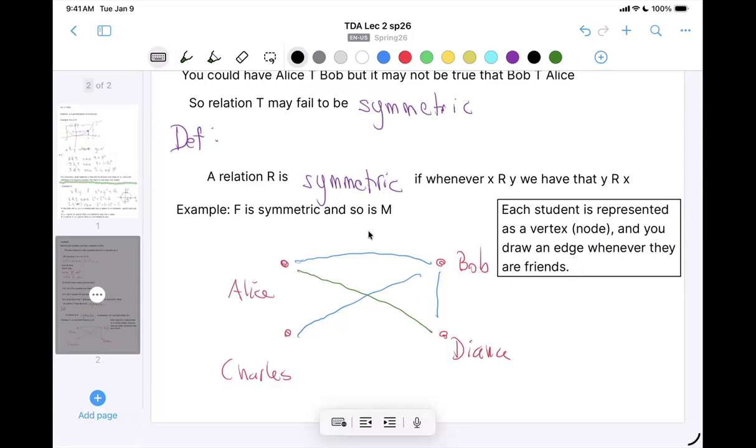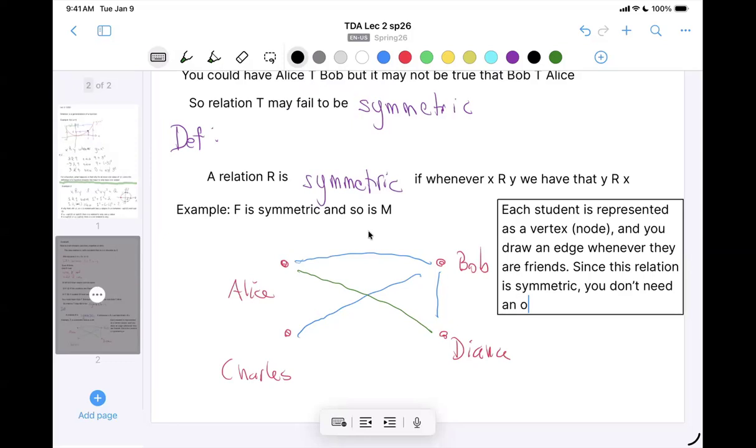You don't have to put an orientation on the graph, or an arrow. Since this relation is symmetric, you don't need an orientation, like arrows on the edges.